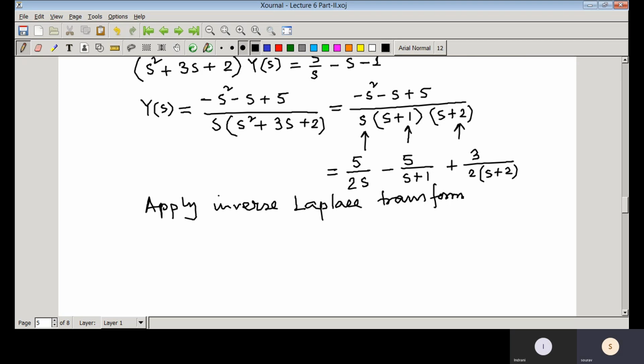If you apply inverse Laplace transform, then you will get y(t) equal to 5/2, then minus 5e^(-t) for the second term, and for the third term 3/2 e^(-2t), t greater than or equal to 0. So finally we got that expression.